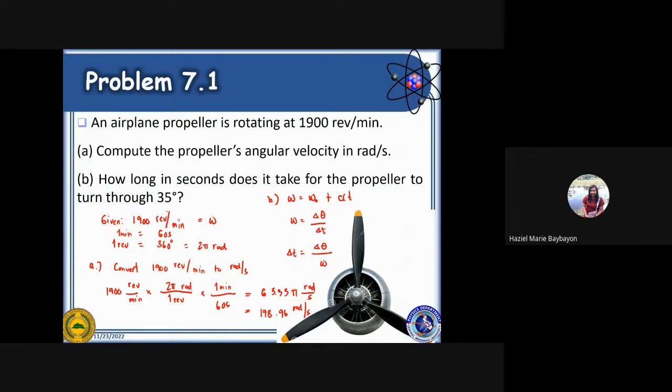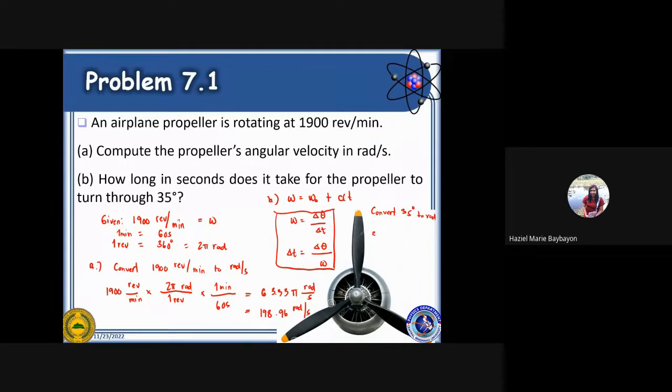Now, we have to convert this to radians. Okay, so convert first. So using this equation, kini nga equation, we can get the time. But first, we need to convert 35 degrees. Okay? So convert first 35 degrees to rad.